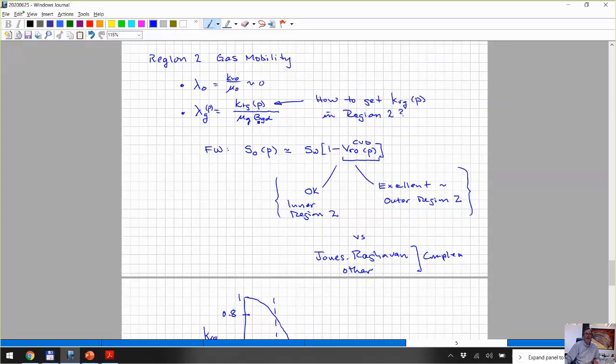And if it's a lean condensate, don't give it. I just don't care. It has no effect because the saturations are going to be so low. The mobility loss in region 2 is absolutely negligible. But if you have a very, very rich gas condensate, then yeah, there could be some effect.